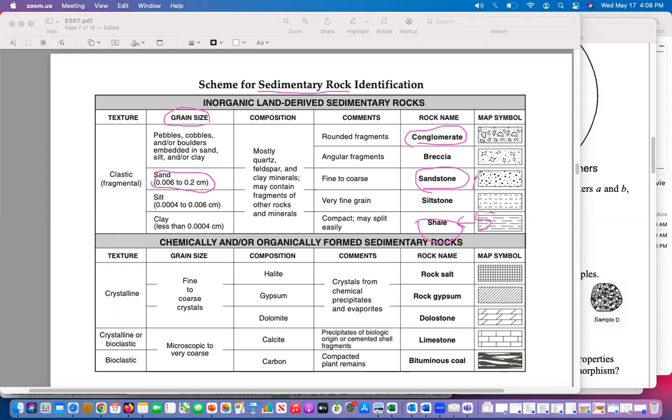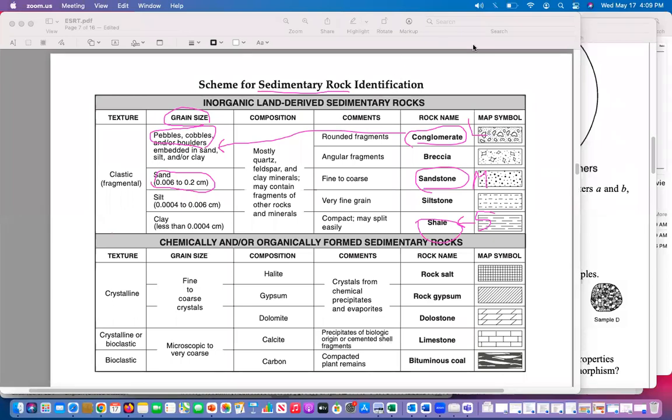So sandstone is medium. And conglomerate is the biggest because the grain size includes pebbles, cobbles, and boulders. All of these things are definitely bigger than sand and clay. So I'm going to write L for large. Shale is the smallest, sandstone is the second biggest, conglomerate is the biggest in grain size.